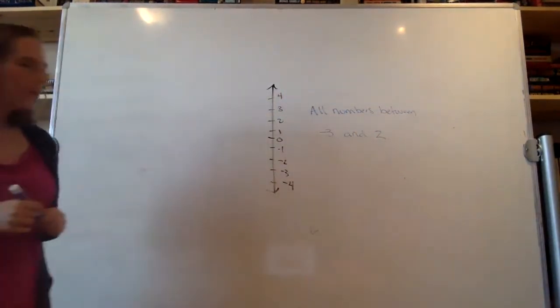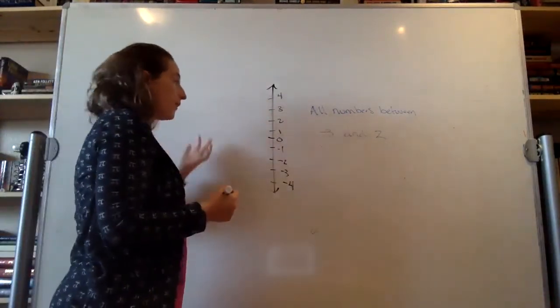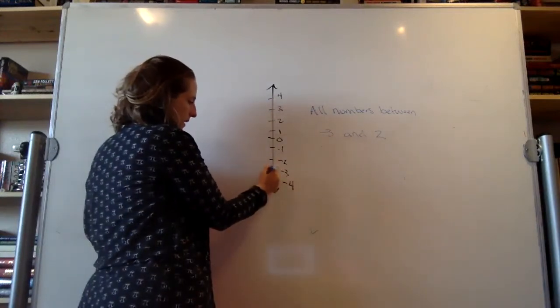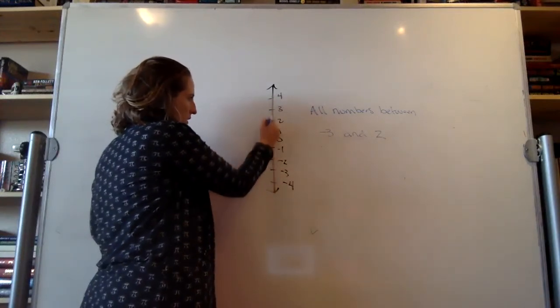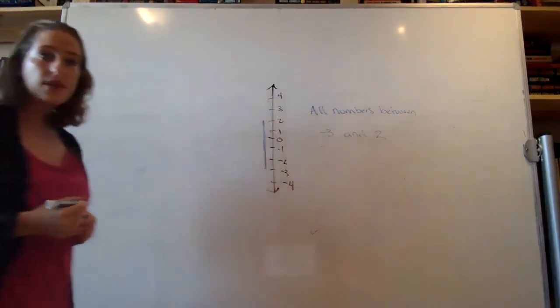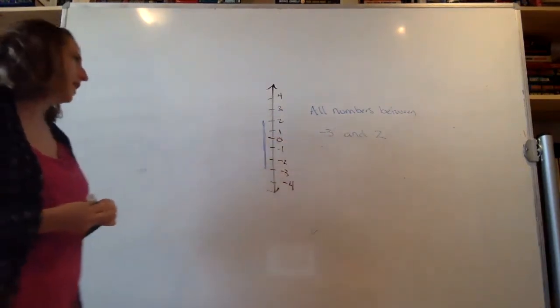So what if I want to show all of the numbers between -3 and 2? Well, on my number line, it's not too hard to show that. It's this from here, -3, all the way up to 2. That's the stuff I'm talking about, or the set of numbers that I'm talking about.